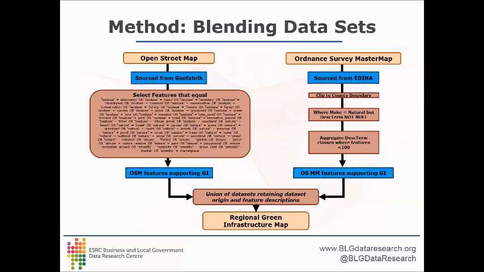But you can see the kind of approach that's described here. It's not particularly technically complicated. It involves clip operations, it involves different types of selection operations, and then some overlays. But it gives you a means of creating a combined data set.